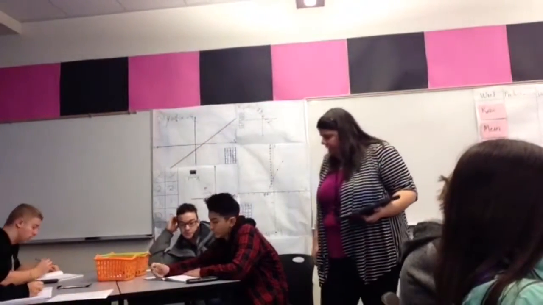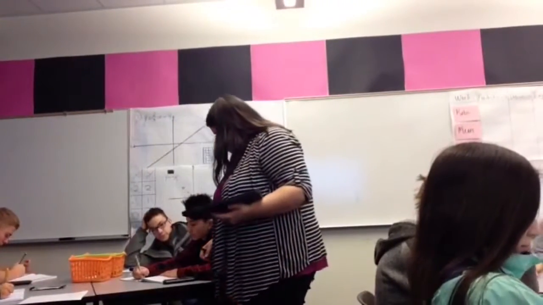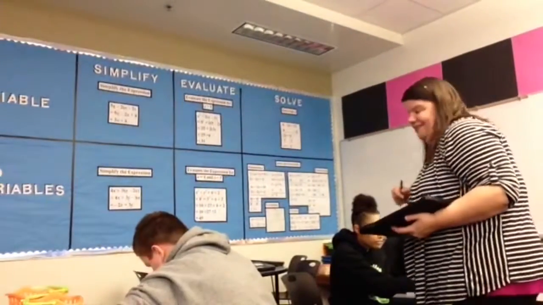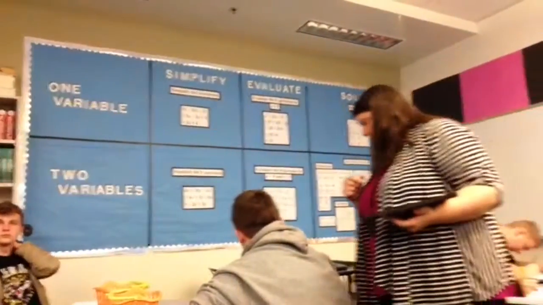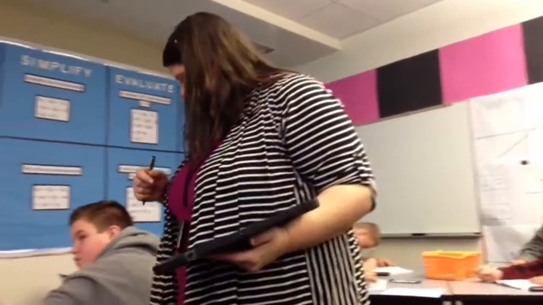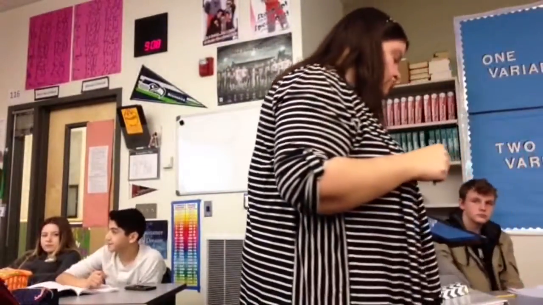Okay, use cross products to help you. You got it? Okay, remember you have to be able to explain it. What are you trying? I'm not sure. You're doing great. Is this correct? You're doing great.